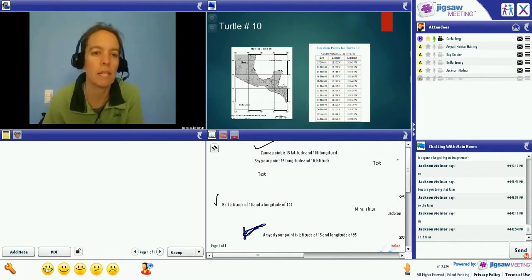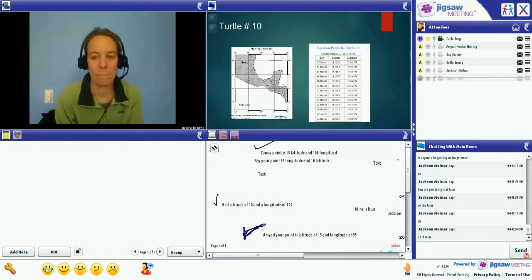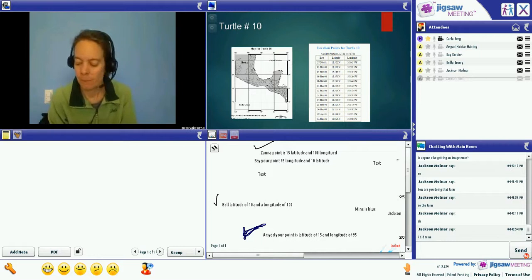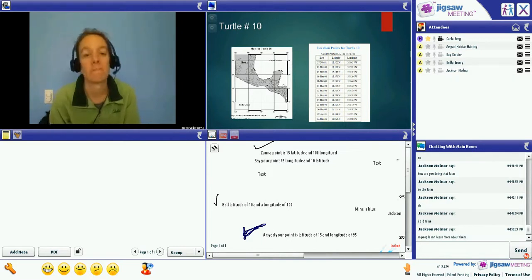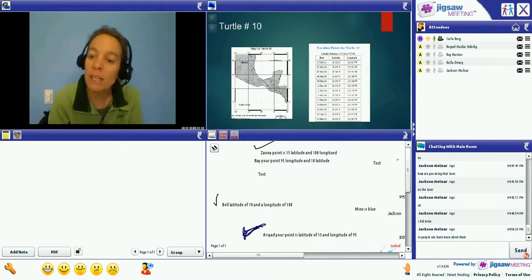Make sure you click the talk button, Jackson. Why do you think it's important that scientists know why a turtle or an animal moves? Okay, so people can learn more about them.